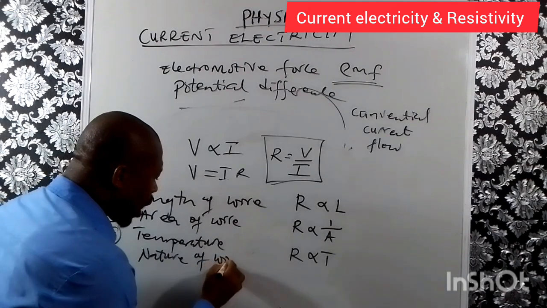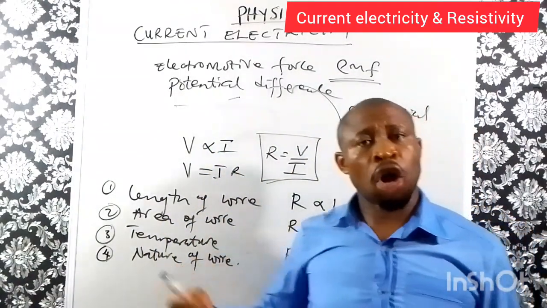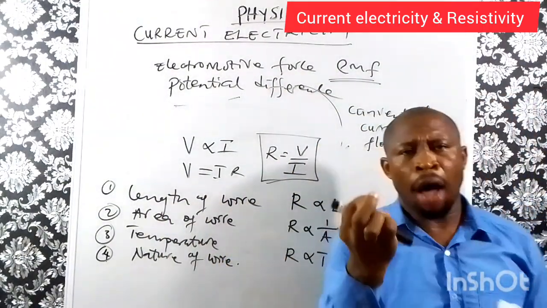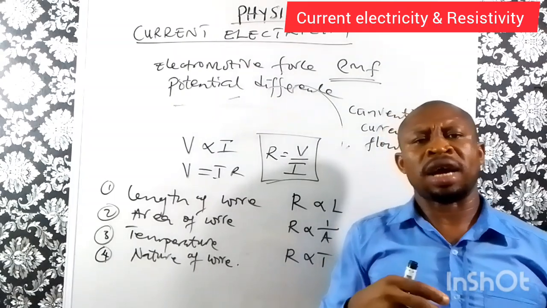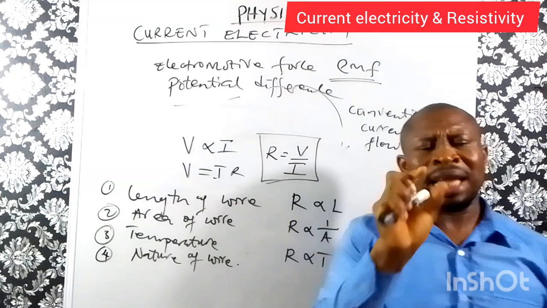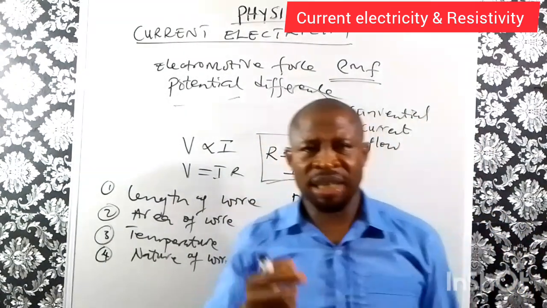Now, the last but not the least, the nature of the wire. Some electrical wires or some wiring materials are made of copper, while some are made of silver and some are made of aluminium. That they are made of copper does not mean that yes, they are the best.